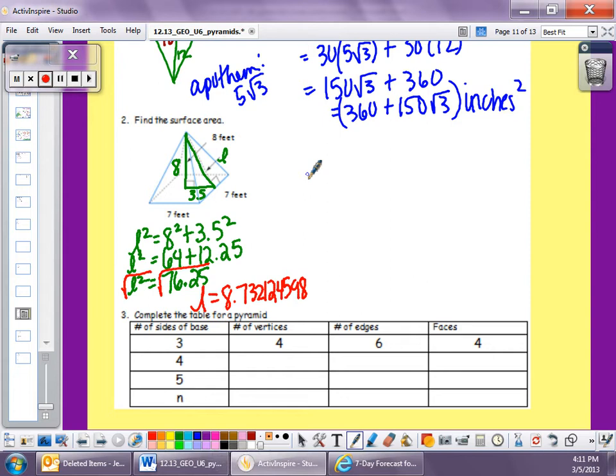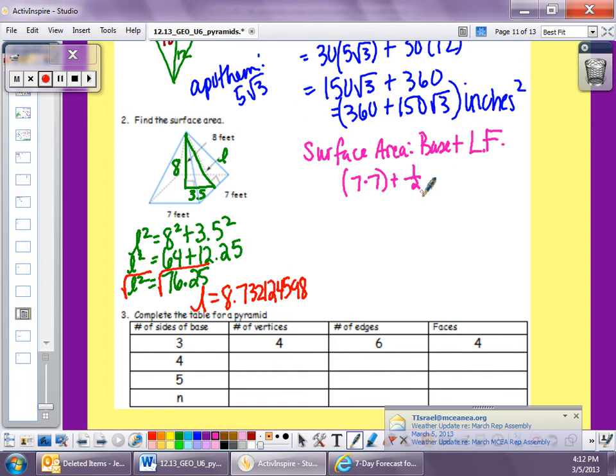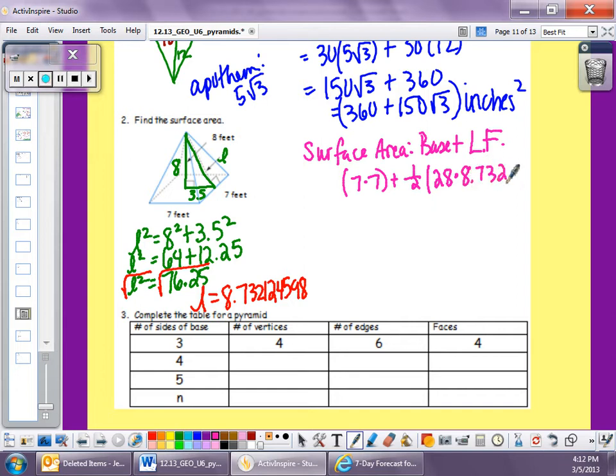So when I find my surface area for this problem, it is once again surface area is my base plus my lateral faces. So my base is a square, so it's 7 times 7 plus 1/2, 28 for my perimeter times 8.732, and so forth.